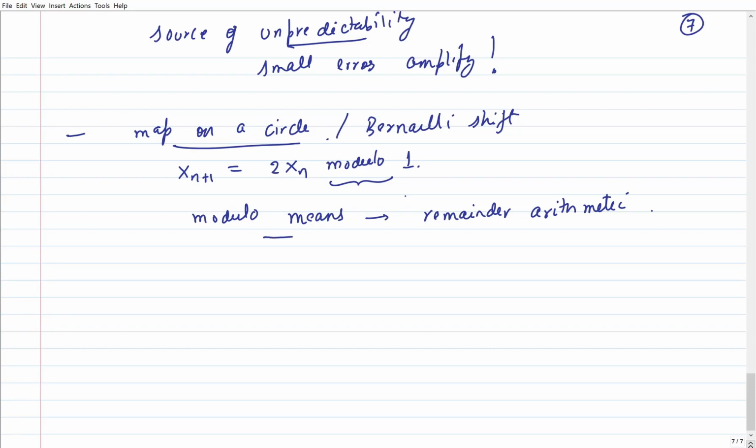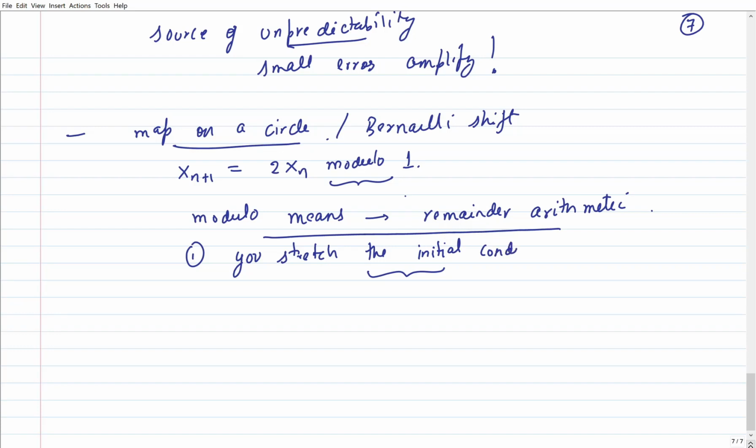So what does modulo mean? What does this map do? In the first iteration, you stretch the initial condition, the xn value multiplied by 2.